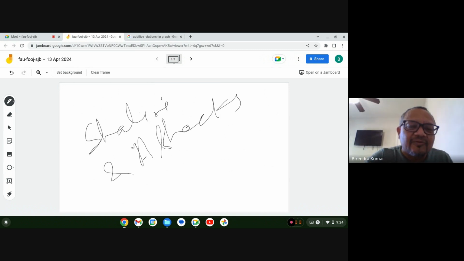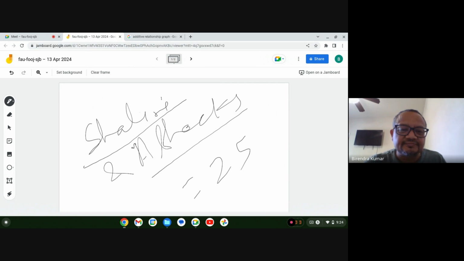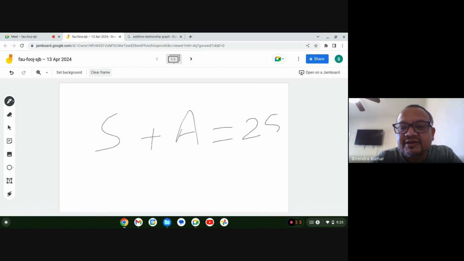I'm saying the money that Salini has and the money that Abhik has in their piggy banks, the sum of that is $25. I can very well convert that story into an equation. S stands for Salini, A stands for Abhik. Sum of their money in their piggy bank is $25. See, this became an equation.